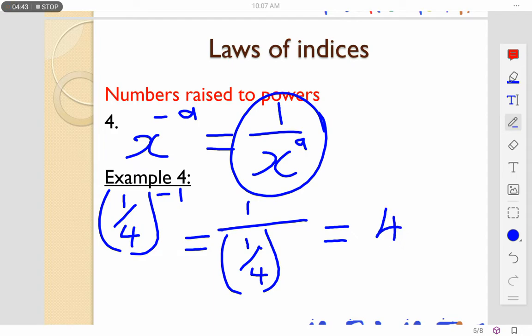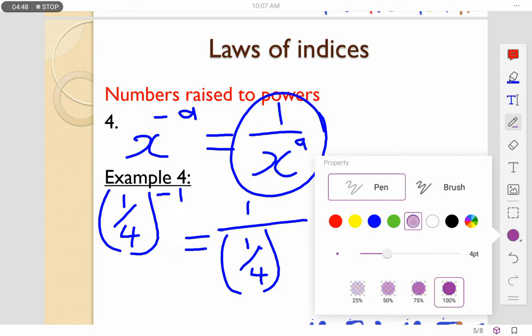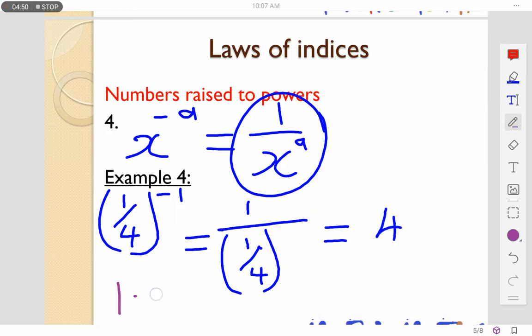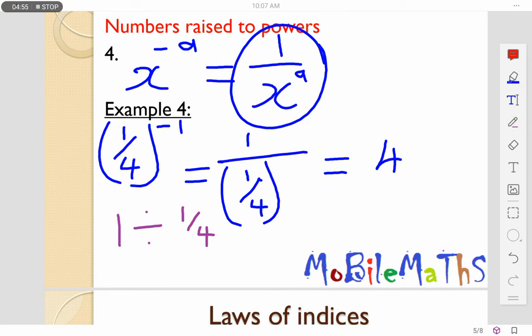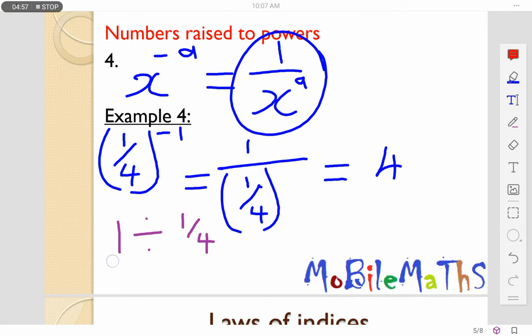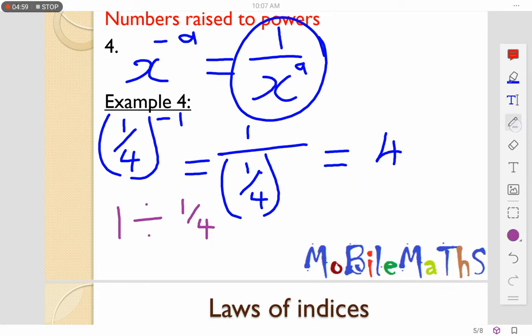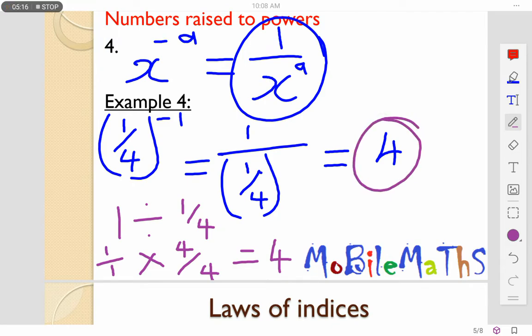We get a 4 there. It's as good as saying 1 divided by 1 over 4. 1 is the same as 1 over 1, divided by 1 over 4. It means we can multiply and have an inverse of 1 over 4 there, then we have times 4 over 1. That's why I said we simply get a 4 there. That's how you simplify it.